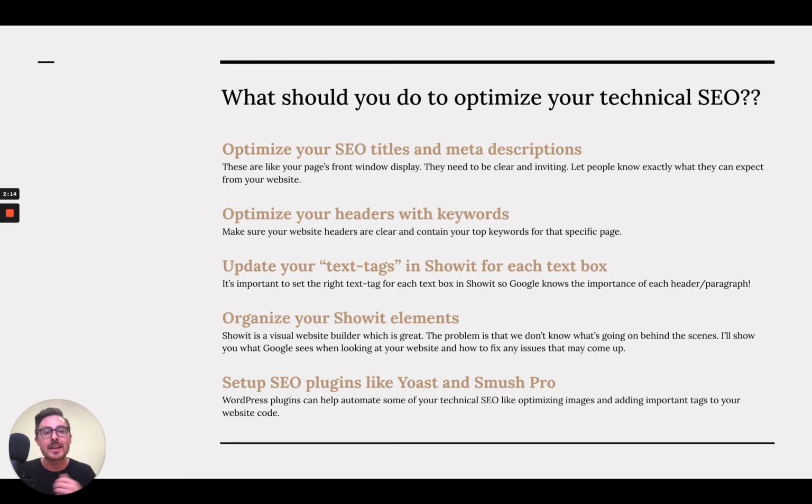All right, so the next thing we're going to look at is optimizing your headers with keywords. Headers are H1s, H2s, and H3s. If you're not sure what that is, it'll be a bit more clear in Showit when I show you. But basically, if you have a text box, you can set it as a header or a paragraph. And there's a few different types of headers.